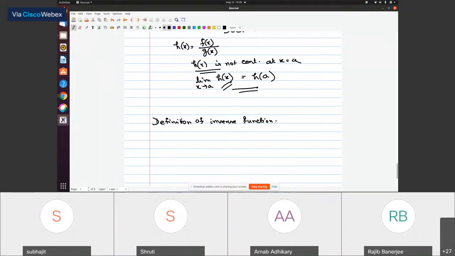Whose composite functions are the same, like f of g equals g of f, and it has to be equal to the identity function, that is x. Then we call f and g inverses of each other. g is the inverse of f and f is the inverse of g.